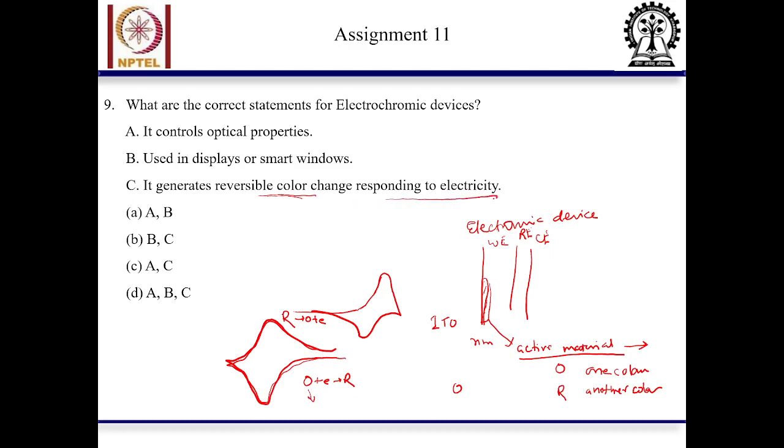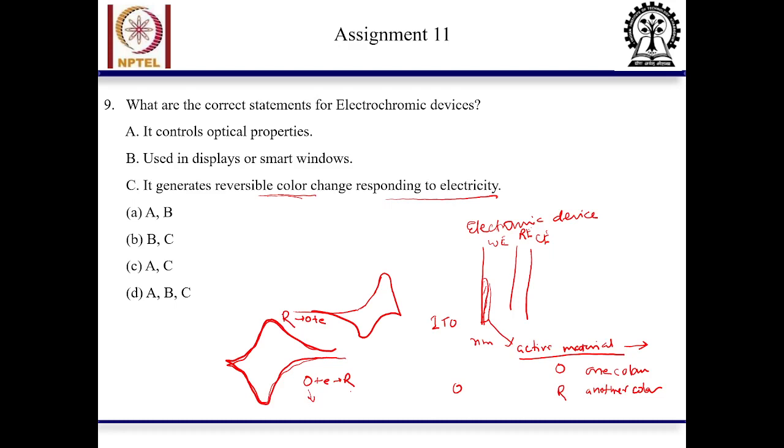Once we are applying that voltage and measuring the current, what we are doing with the electricity is changing the oxidized species to the reduced species. That active material, I can't tell, is an NDI based naphthalene diimide based compound which has one color in the oxidized form and another color in the reduced form.